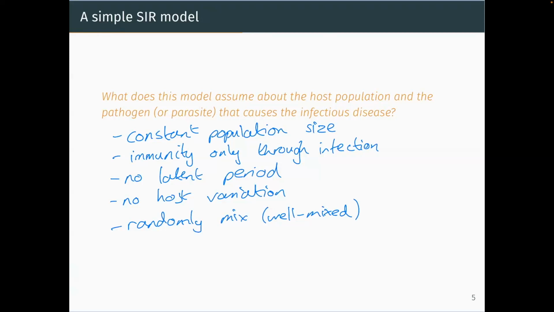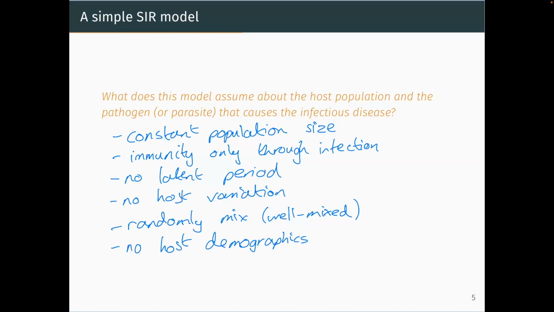We said as well at the start that there's no host demographics. And this is a reasonable assumption if your epidemic is taking place over a relatively short space of time, especially in something like humans and in a large enough population. Over the course of a winter flu season, say, the human population doesn't change that much in size.